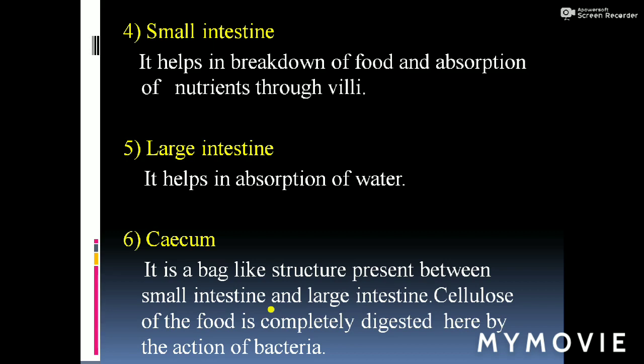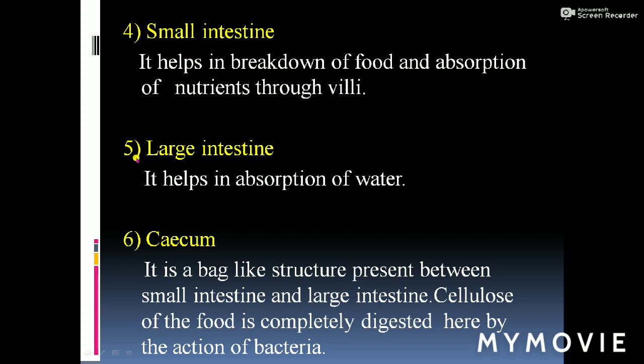You know that the function of small intestine is to absorb the nutrients and also digest the food. So here also the food is broken down into smaller pieces and absorption of the nutrients takes place through villi. Okay, these finger-like projections, you know that.